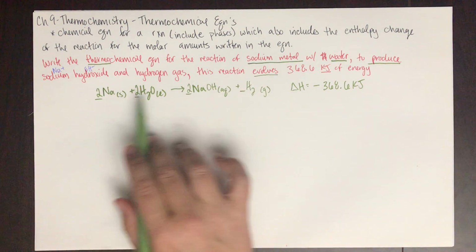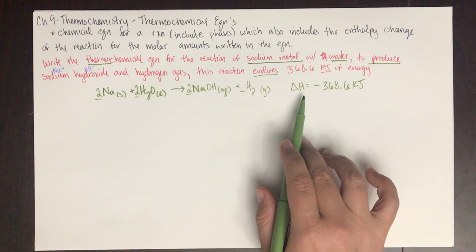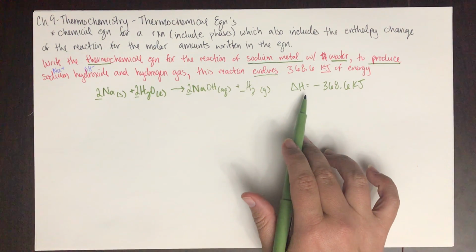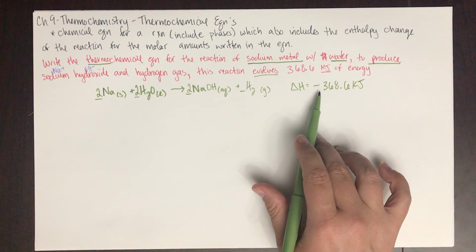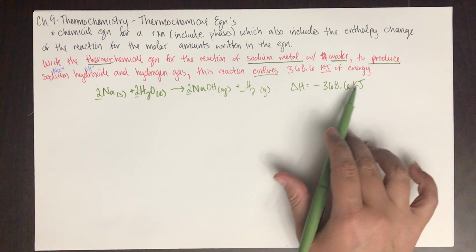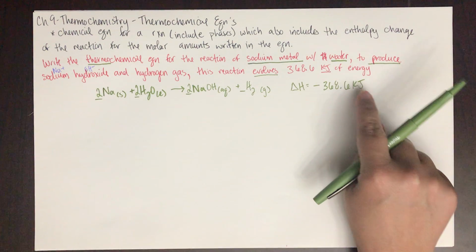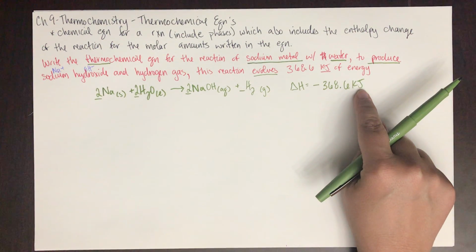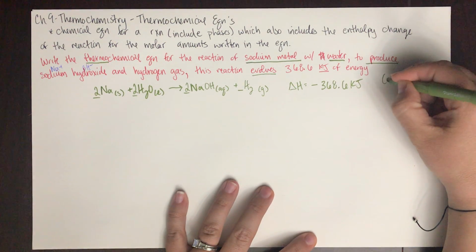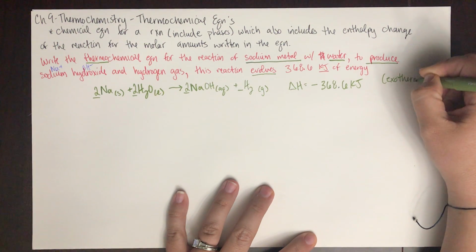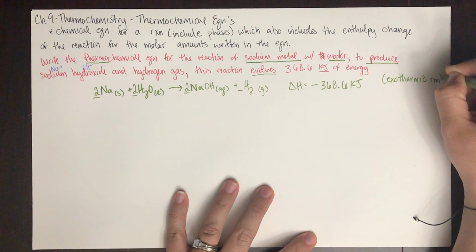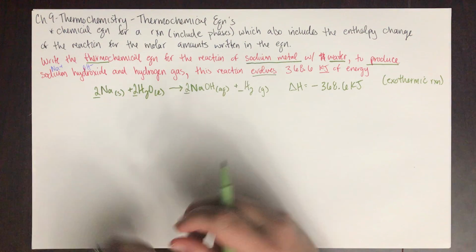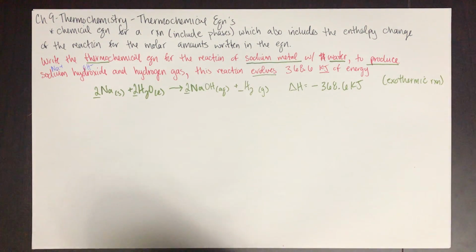It would have the chemical reaction written out, and then it would have the enthalpy change at the end. Delta H equals negative 368.6 kilojoules. So this amount of enthalpy change tells you this is an exothermic reaction. This means heat is being evolved. It means heat is being given off as this reaction happens.